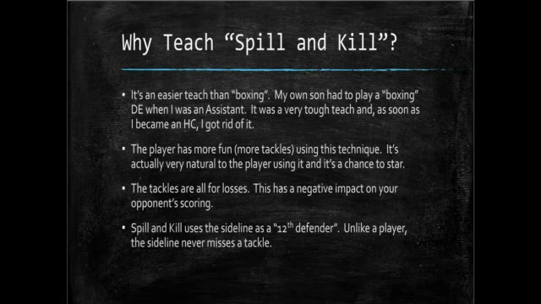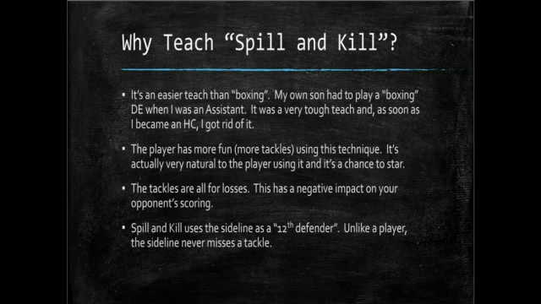Okay, why do we teach it? Well, I like to teach it because if you bring the runner closer to the sideline, versus bring the sideline closer to the runner, which is what boxing does, you save yourself the use of one player. If you use the sideline as the boxing defensive end, and since there's two players on each side of the defense performing this task, you basically gain yourself two players that you can use for something else if you use spill and kill versus boxing defensive ends.